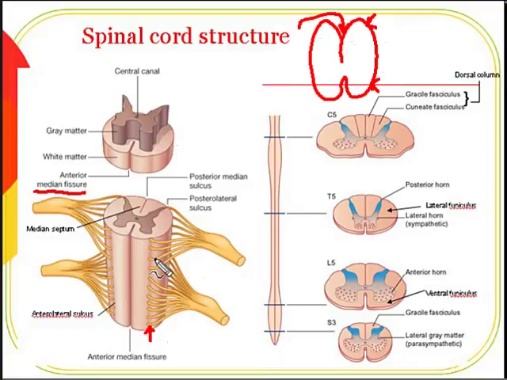So you can see how these rootlets are attaching on the sides, and they're often given the name of the anterolateral sulcus. So you just call it anterolateral sulcus or ventrolateral sulcus and a dorsolateral sulcus. So that's for the attachment of the nerve rootlets.